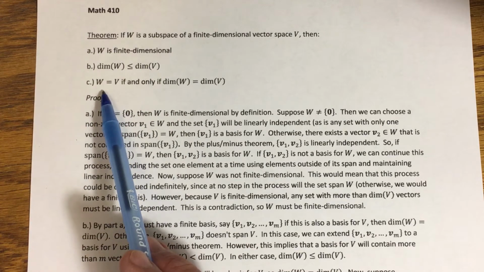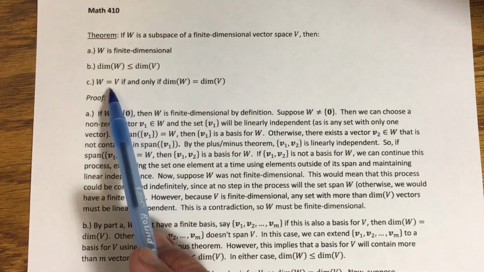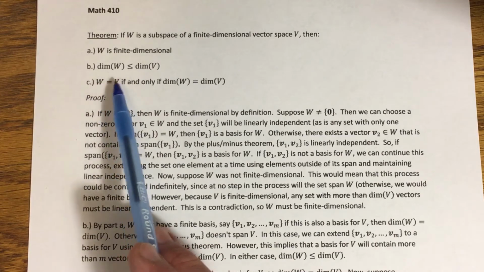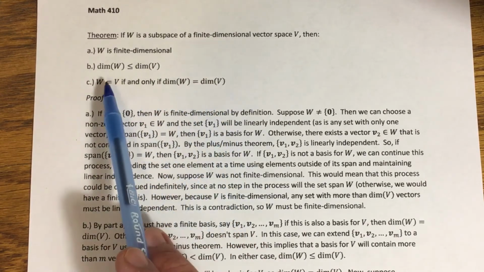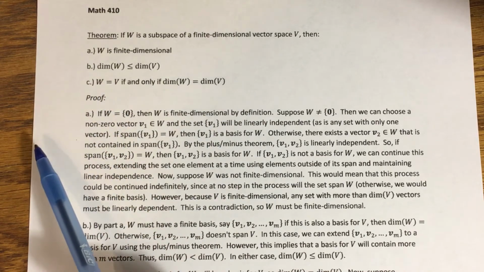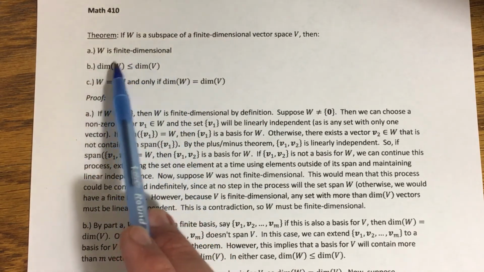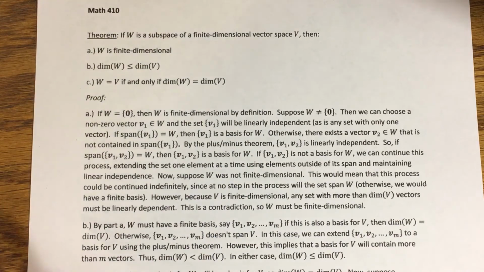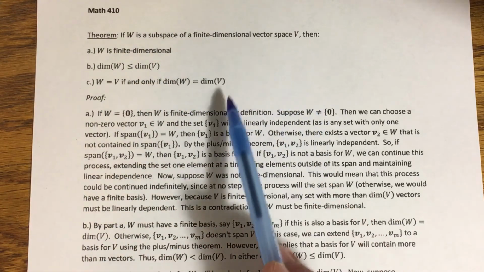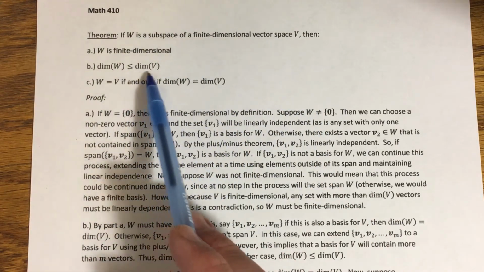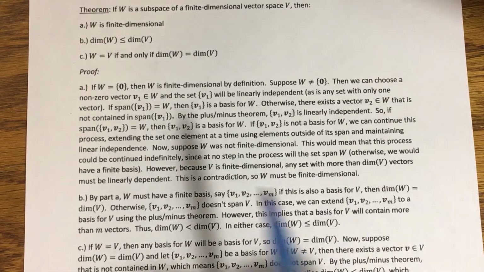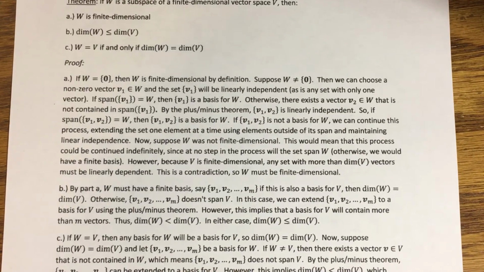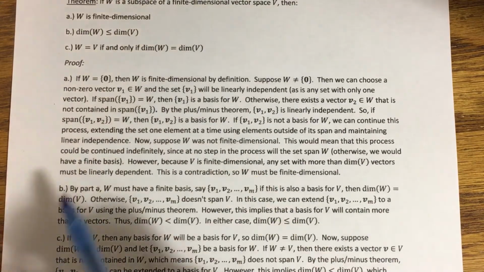In addition, the case where the dimension of W equals the dimension of V only ever happens if W is V. So in other words, if you have a proper subspace of V, meaning it's not equal to the entire vector space V, then that dimension would have to be strictly less than the dimension of V. I only want to talk about the proof of the first part, and if you have questions regarding the proof of either of these, you can bring them up in the discussion forum.